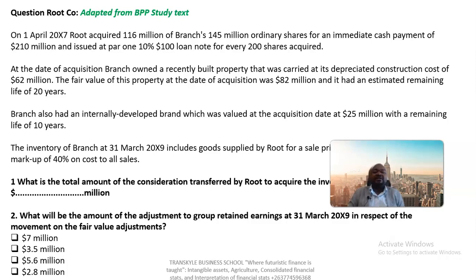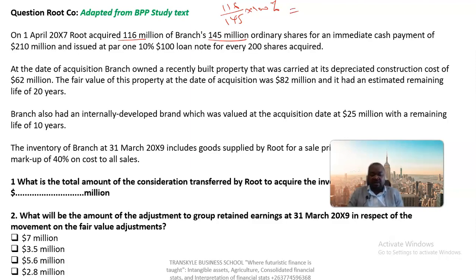of 210 million. So they acquired how many shares? They acquired 116 million of 145 million. So what was the percentage? Acquired 116 over 145 multiplied by 100%. This should be how much?